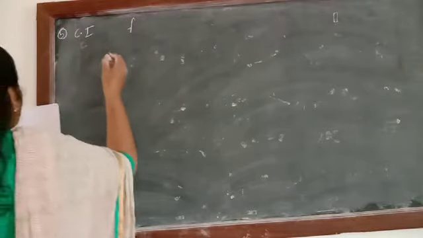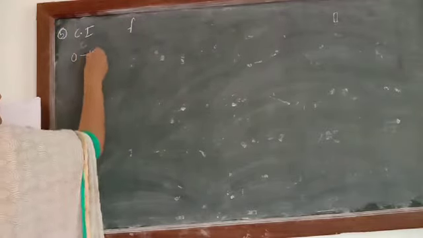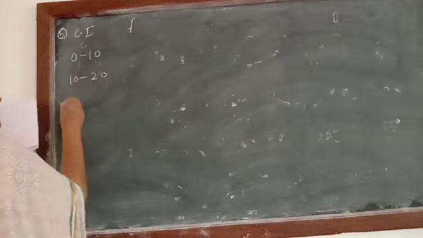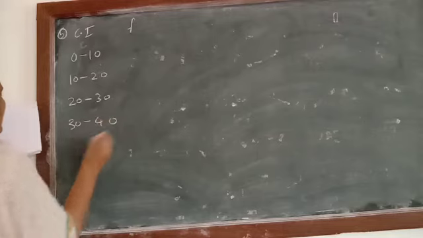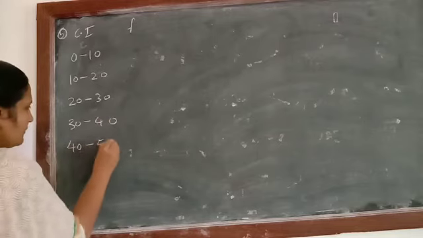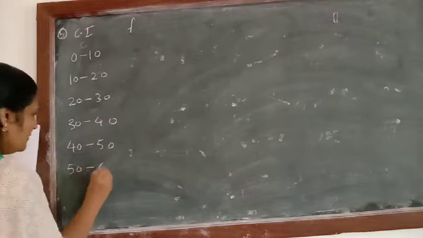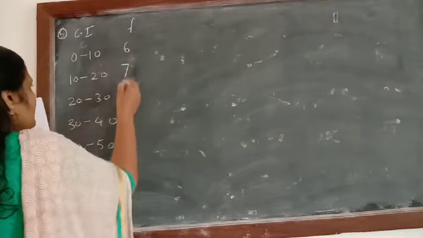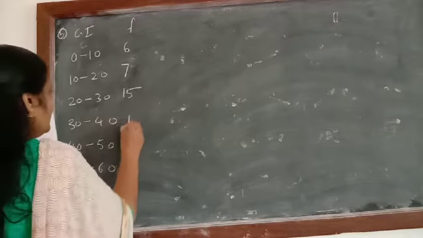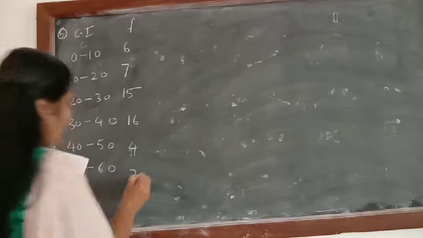In class interval, write down 0 to 10, 10 to 20, 20 to 30, 30 to 40, 40 to 50, 50 to 60. And the corresponding frequencies here are 6, 7, 15, 16, 4, 2.